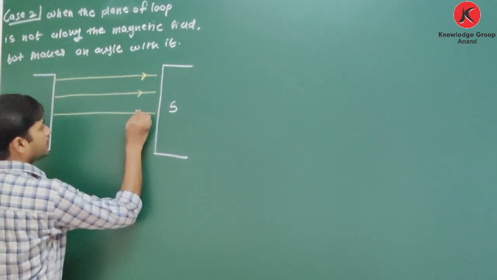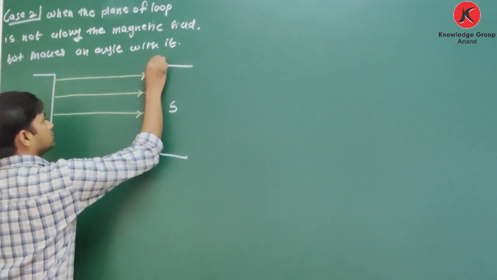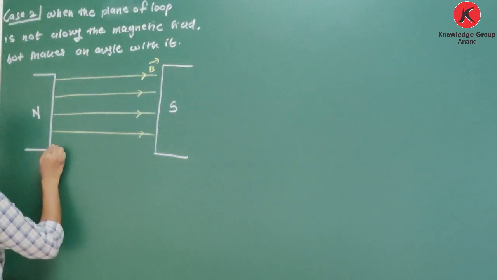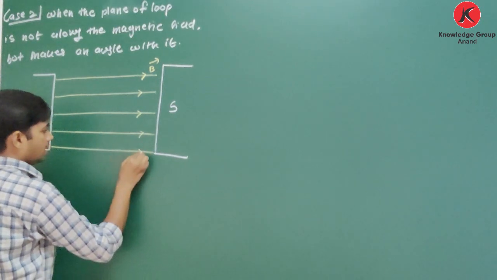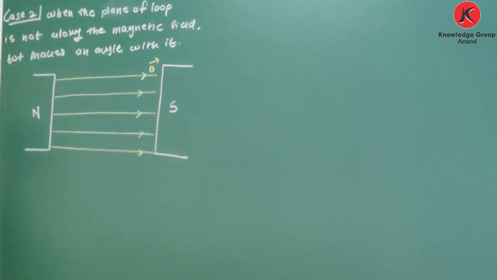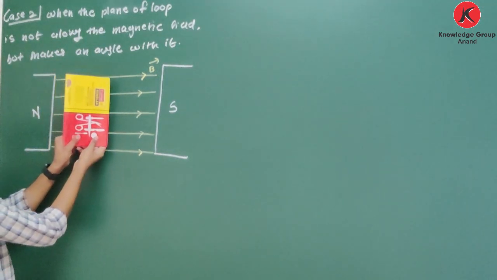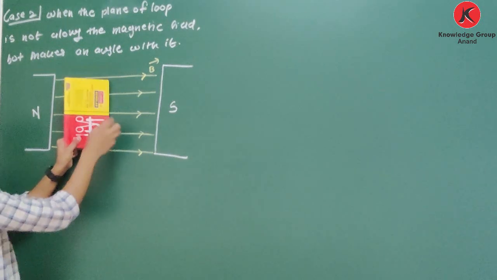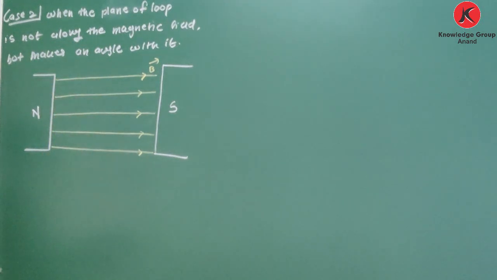Uniform magnetic field in this direction. Clear about this? Now the loop is placed like this at some angle. Let this angle be theta.